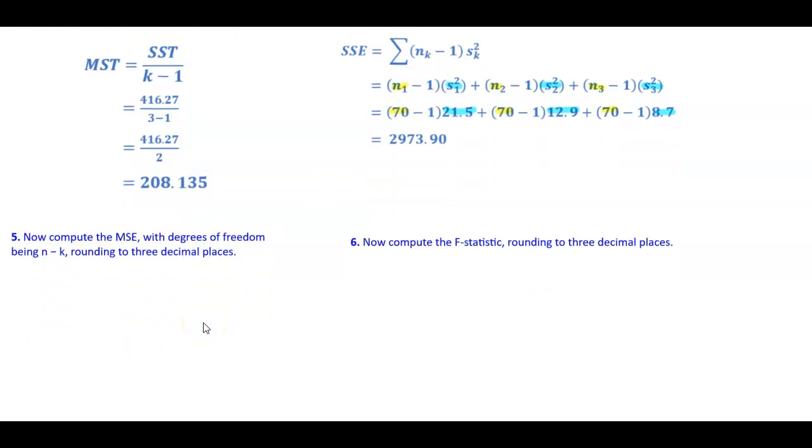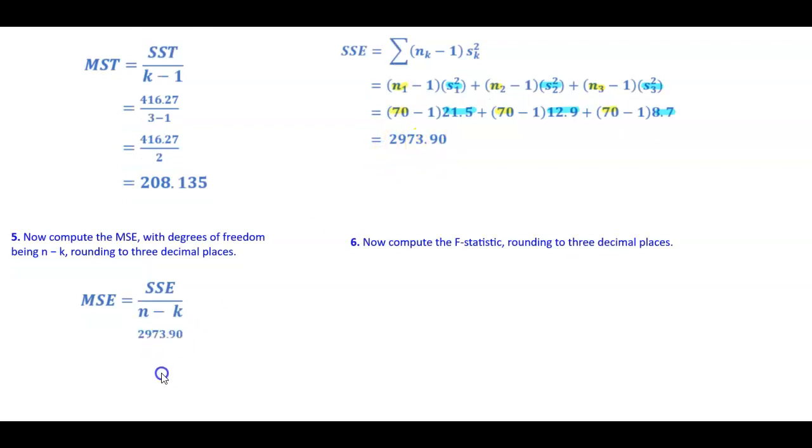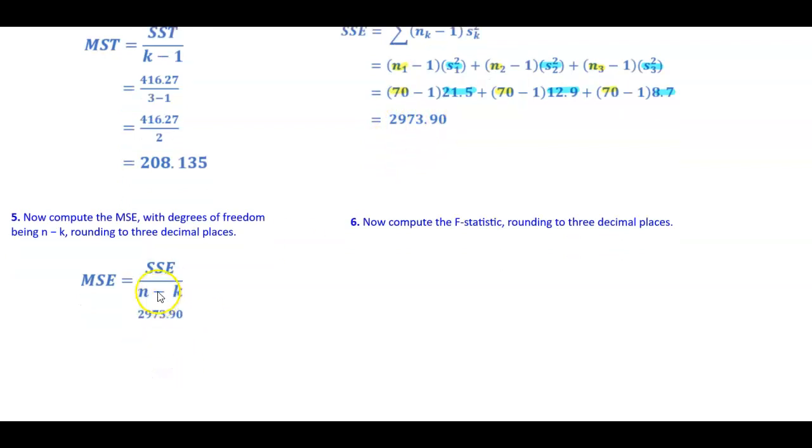Okay, so now we can compute the MSE with degrees of freedom being n minus k and rounding it to 3 decimal places. So MSE is equal to SSE, which we found in the previous step to be 2,973.90. Then we take the value of n, the total sample size of all 3.